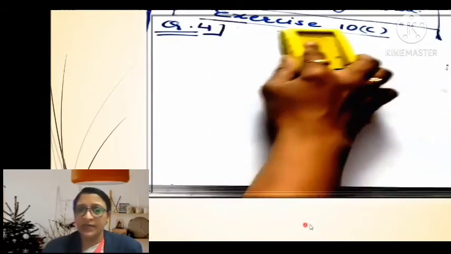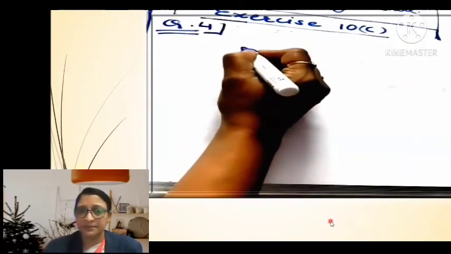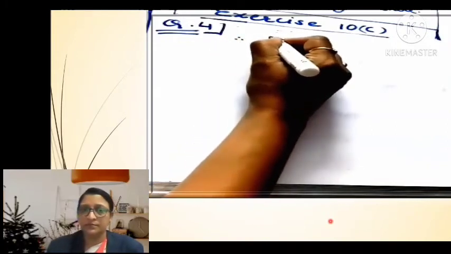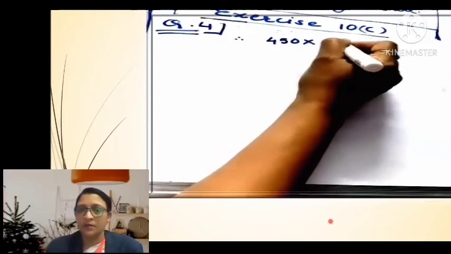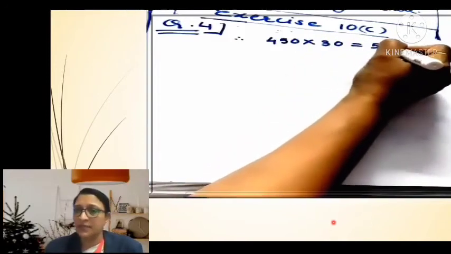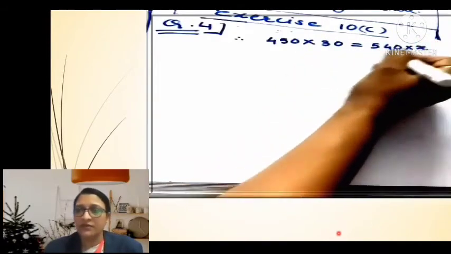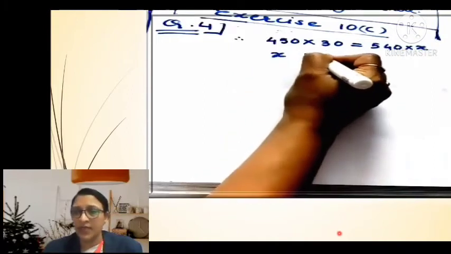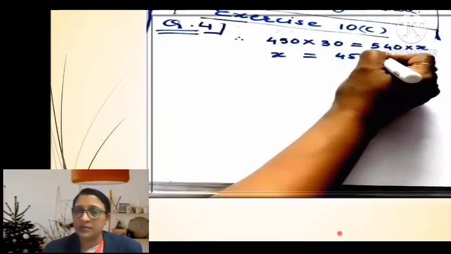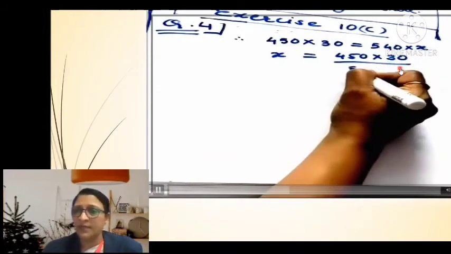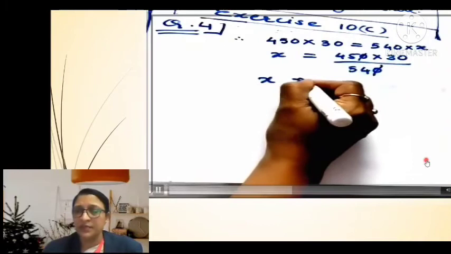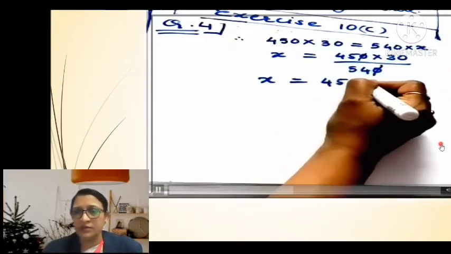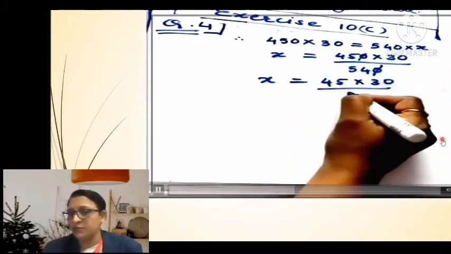So let us calculate in the next step. 450 multiplied by 30 equal to 540 into x. We need to calculate x. Here 450 multiplied by 30 upon 540. 0, 0 cancel. In the next step, we'll go for division. Common factors we will remove from it.